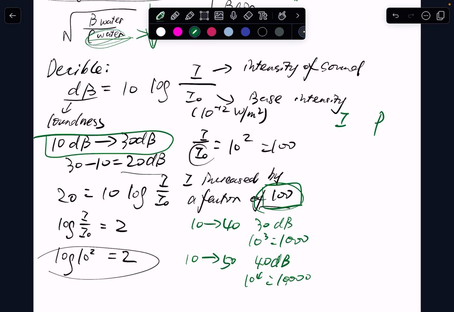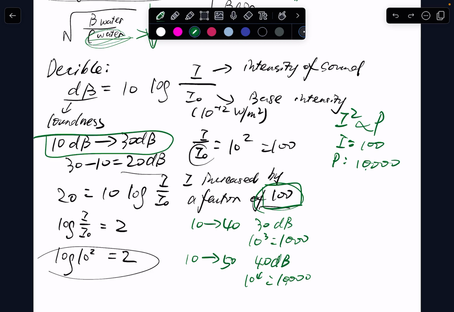Then you know the relationship that I is proportional to P squared, directly related to pressure squared. If I increased by a factor of 100, then P increased by a factor of 10,000? No, you square root it: P increased by a factor of 10. That's how you do it, so that's pressure.